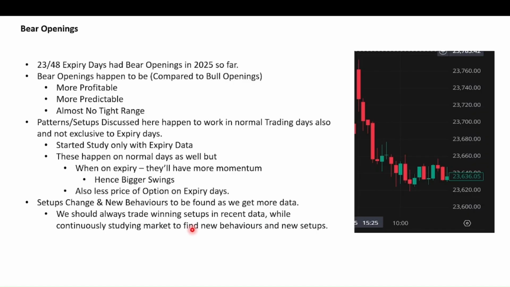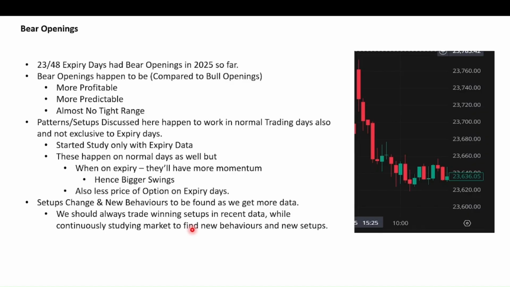From 1 year ago to today, if you see the expiry days again, you can see some of the setups that we have discussed coming frequently, but some of them become less frequent.